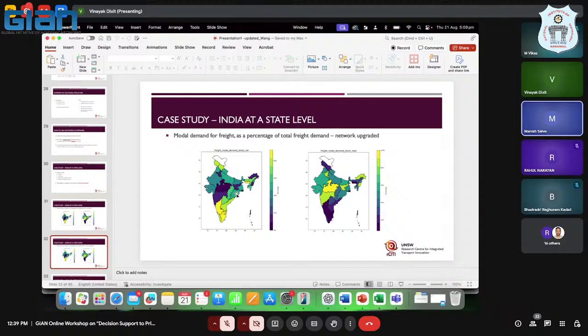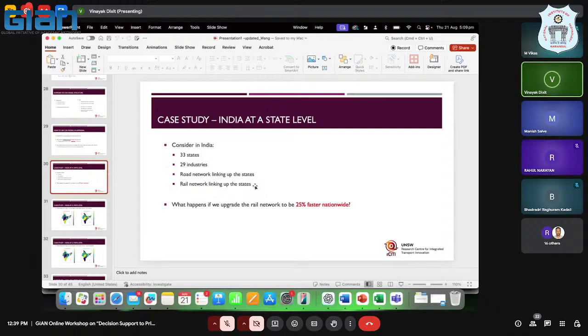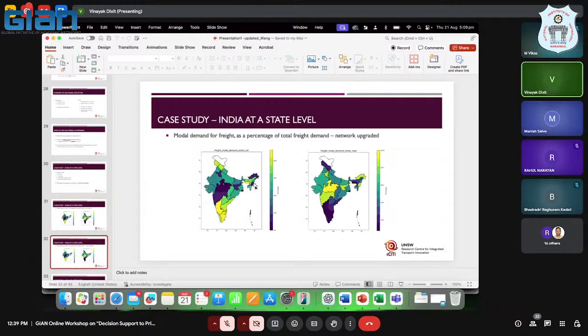So if we upgrade the network, reducing the travel time by 25%, what will happen?